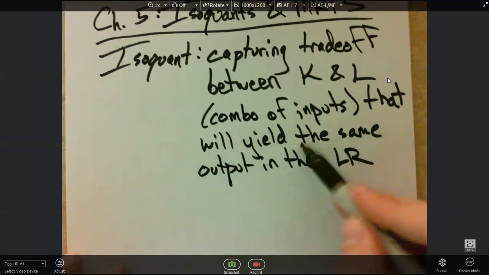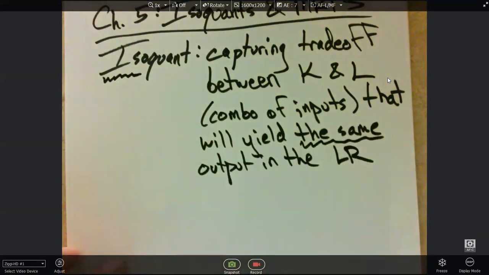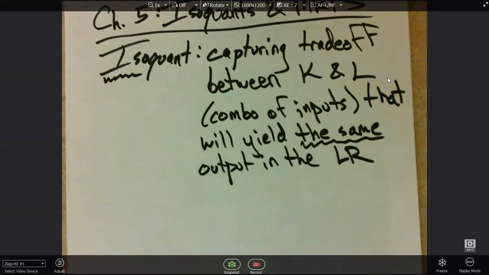So why is the same the important part? Well, because that's what ISO means, right? ISO just means the same. So that's where that notion is coming from.